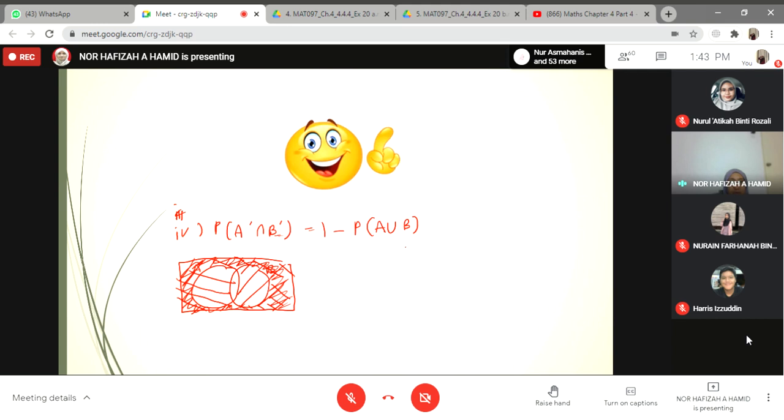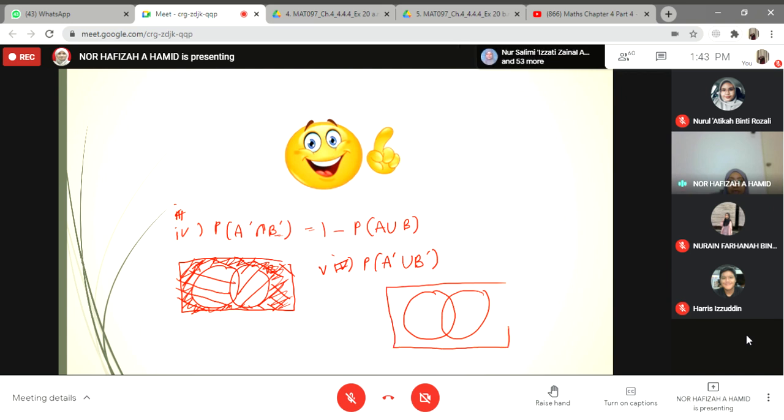Next, for last formula, you have probability of A complement union with B complement. Beza dia kalau number 5, tadi number 4 we have intersection, ini for union. Venn diagram pun sama. You have 2 event, A and B. Next, we have sample space.